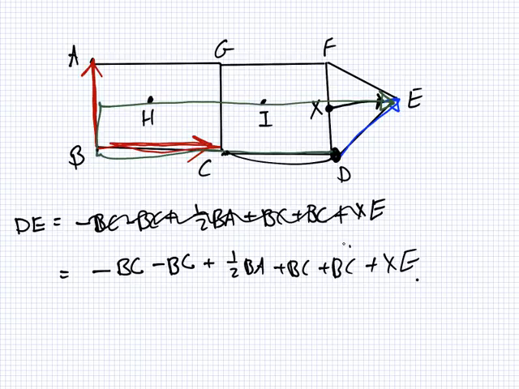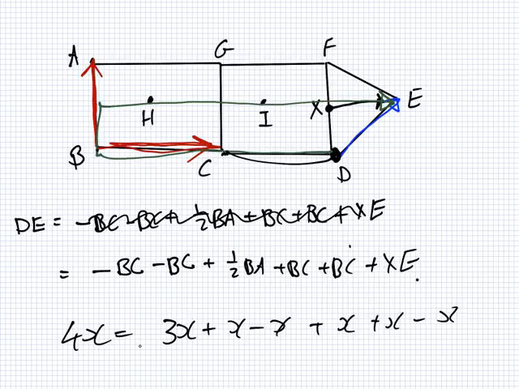What's confusing you? From D to X, it's very long. How could all of this equal DE? It does. It's very long.